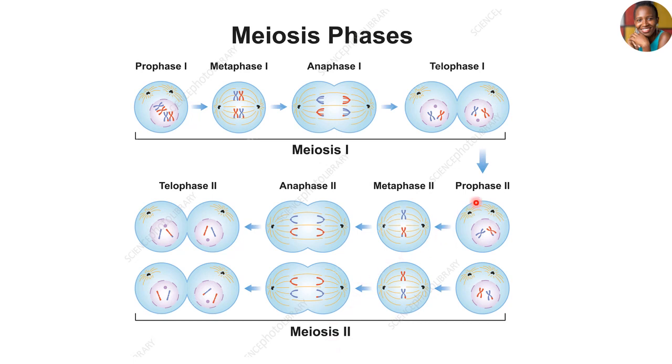In meiosis 2, we shall have prophase 2, metaphase 2, anaphase 2, telophase 2 together with cytokinesis, and at the end of the day we will have 4 daughter cells with half the chromosomal number of the mother cell. So there will be haploid cells.